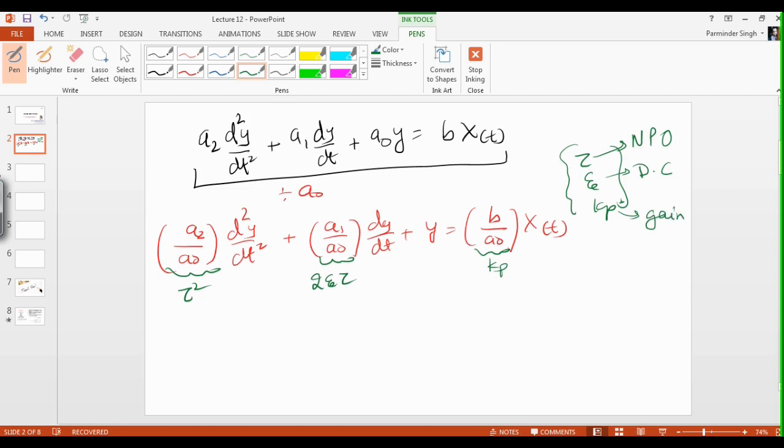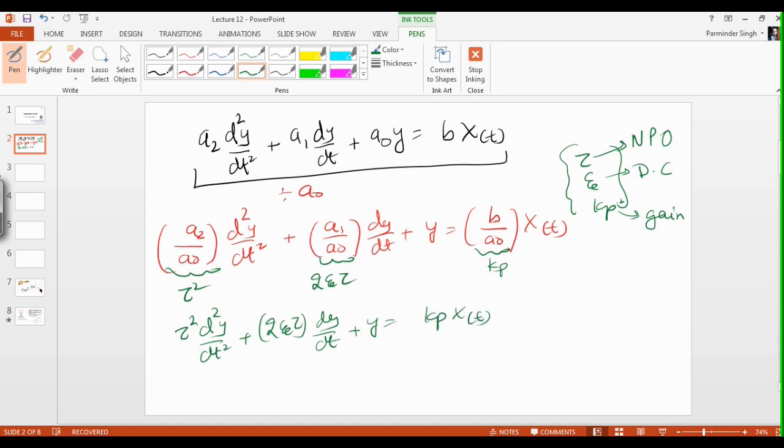I again repeat, tau is your natural period of oscillation, zeta is known as damping coefficient or damping factor, and kp is your gain. So that means my second order system is now tau square d square y by dt square plus 2 zeta tau dy by dt plus y equal to kp times xt.